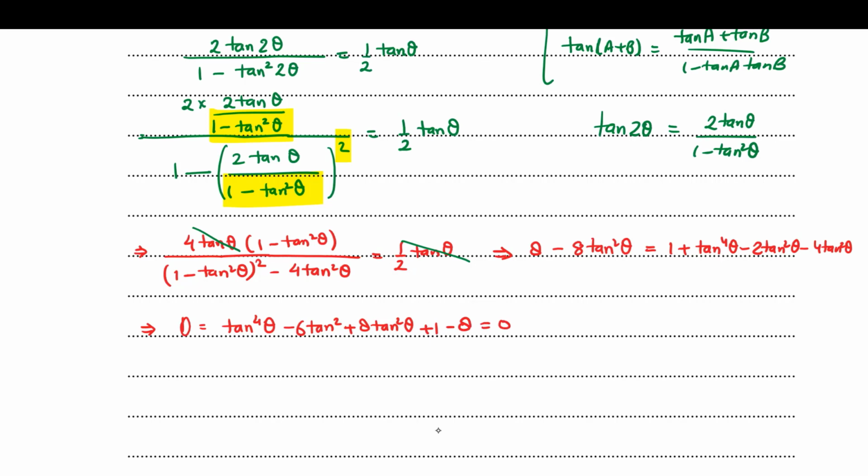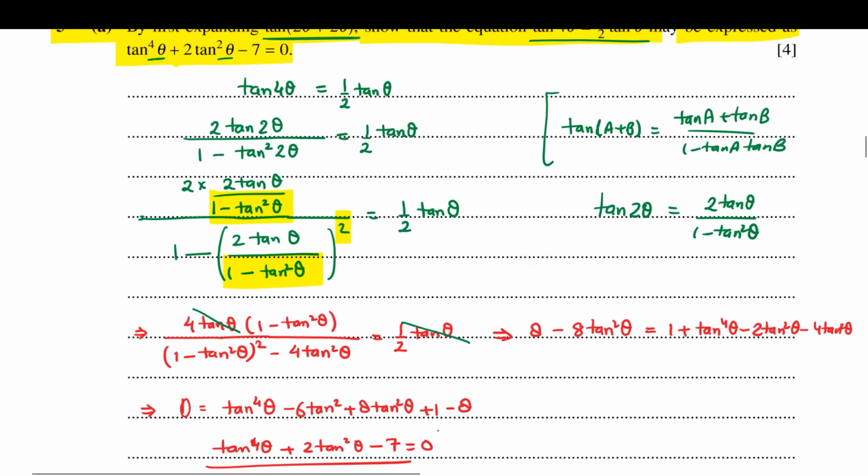Next line I will write tan power 4 theta plus 2 tan square theta minus 7 equals 0, and that's what we had to show. See, tan power 4 theta plus 2 tan square theta minus 7 equals 0.